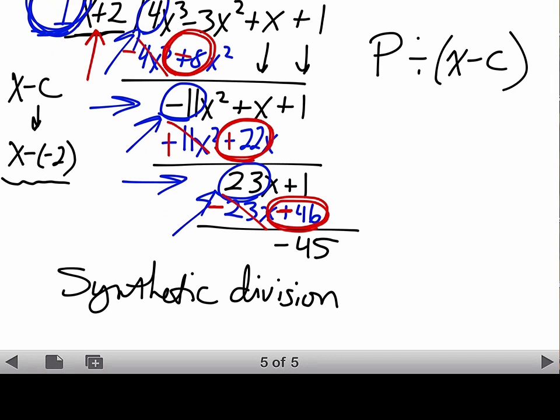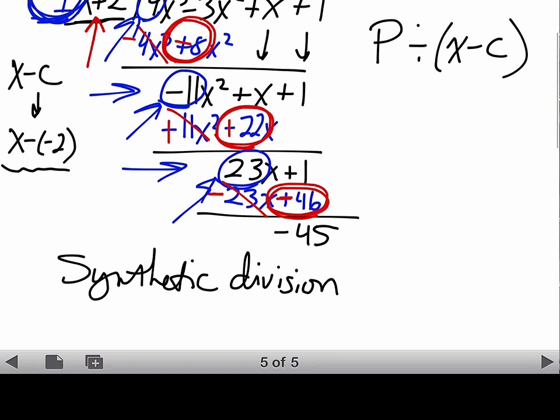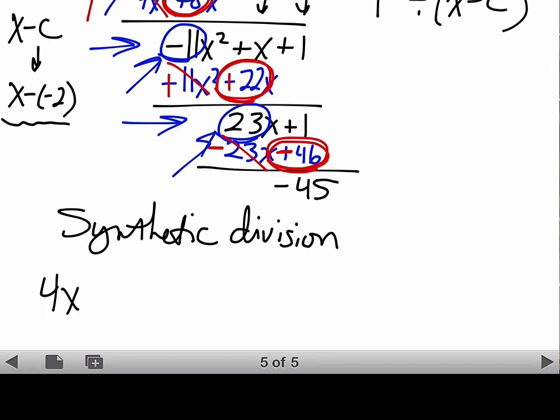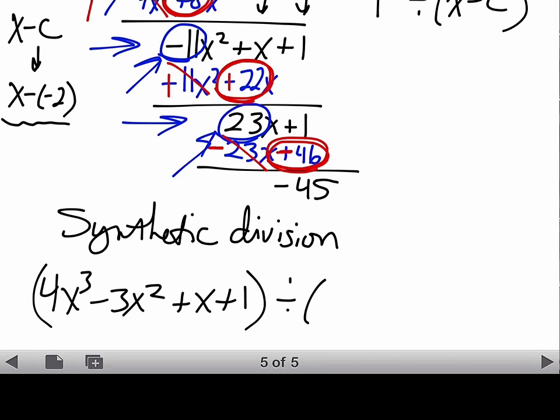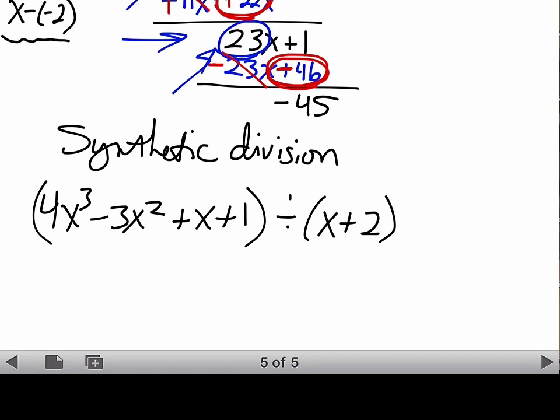So let me re-express the original problem that we had, and that is 4x cubed minus 3x squared plus x plus 1 was being divided by x plus 2. Here's the process. This x plus 2, remember we had to subtract, which was change the sign all the time, right? So we're going to take that 2, write down the opposite, negative 2.